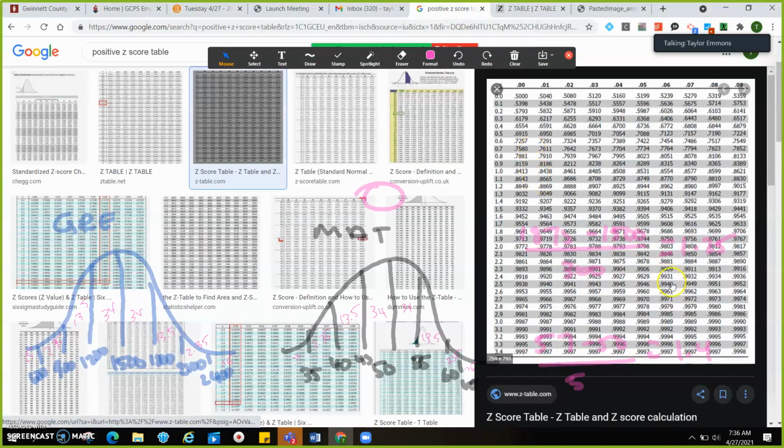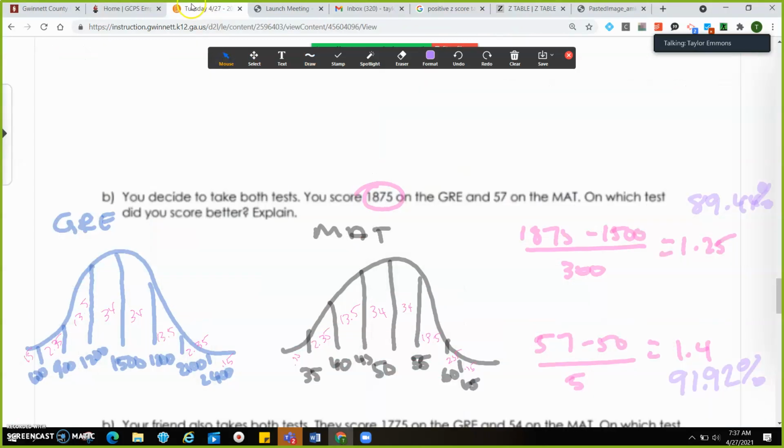We go down to 1.25, so down to 1.2 and over to 0.05, which is 89.44%. Then we want 1.4, so we go all the way down to 1.4, and that's 91.92%. So coming back here, which one did they score better on? They scored better on the MAT.